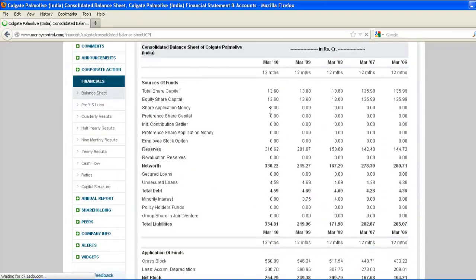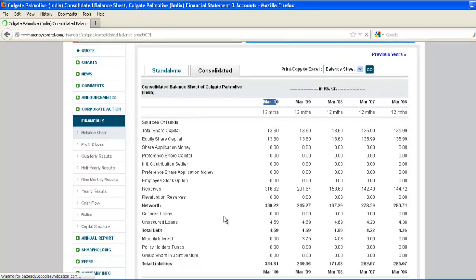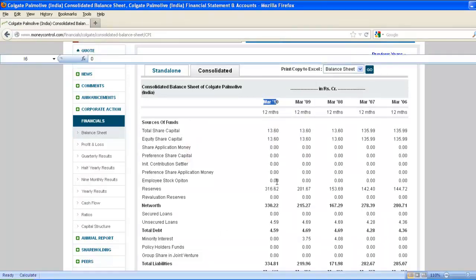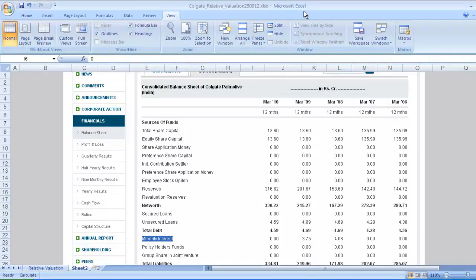Unfortunately, we do not have data for March 12. If there is any minority interest, then you can take that value. But I guess it would be 0. If you check the minority interest figure for the last 5 years, it's 0. So we can safely take the value as 0.